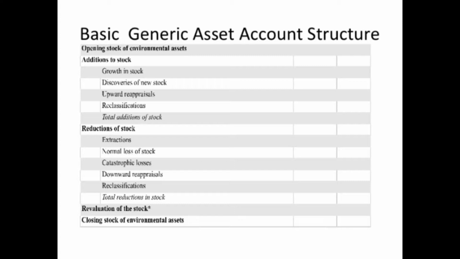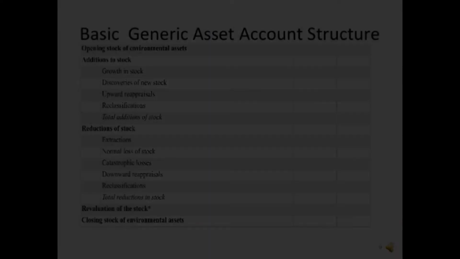And from there you can derive the closing stock of environmental assets, and also, by looking at some of the additions and looking at the removals or the reductions in the stock caused by human activity, the depletion of those assets, or for the case of ecosystem accounting, the degradation to ecosystem assets. This is what we're trying to derive roughly for the different types of ecosystem asset accounts, and I'll run through some examples.